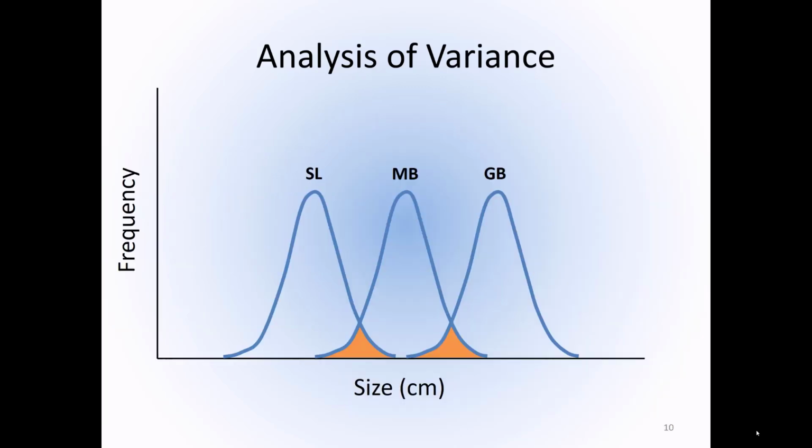So let's think about our scenario that we discussed in the previous video. We've got our different bay systems. We're looking at the size of red drum across these bay systems, and we've got our distinct distribution curves for each one of those bay systems. Well, if it is that our variability within each of these bay systems is relatively small, and the variability across these bay systems is quite large, well then it's likely that our among group variance is going to be larger than our within group variance.